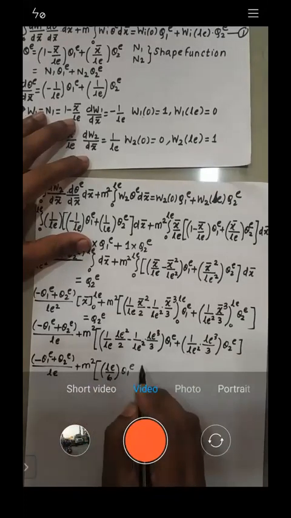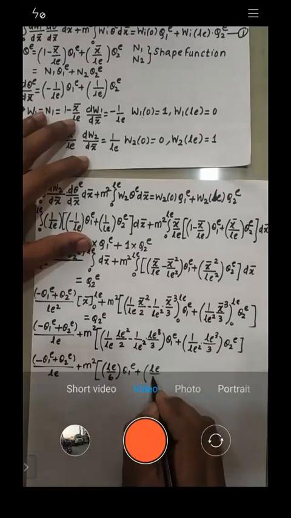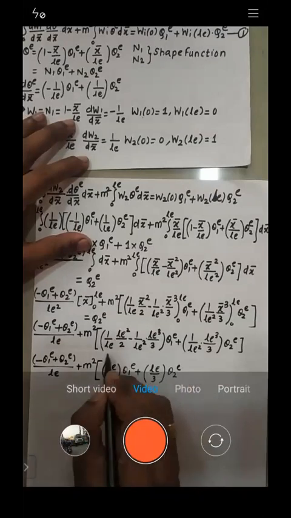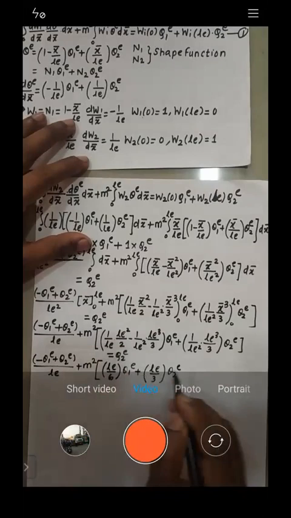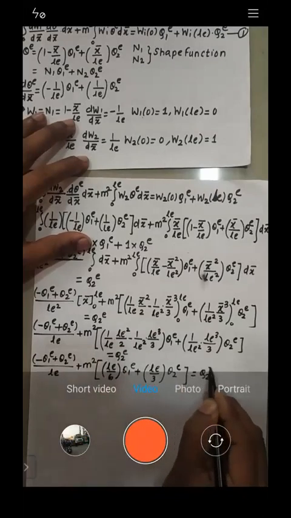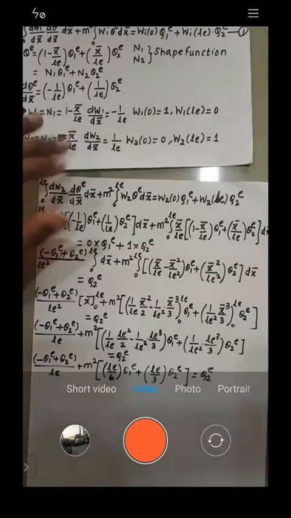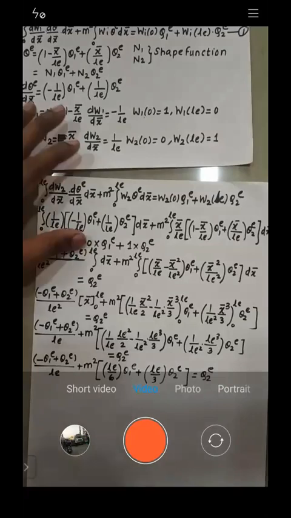Theta 1 E plus this is LE by 3 theta 2 E. Is it okay? Is equal to Q2E. Understood or not? Let me know. Let me call this as equation number 3.